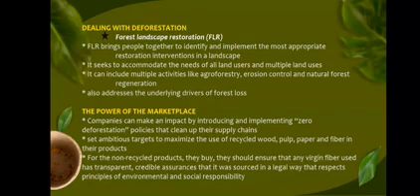And the last: for the non-recycled products they buy, they should ensure that any virgin fiber used has transparent, credible assurances that it was sourced in a legal way that respects principles of environmental and social responsibility.